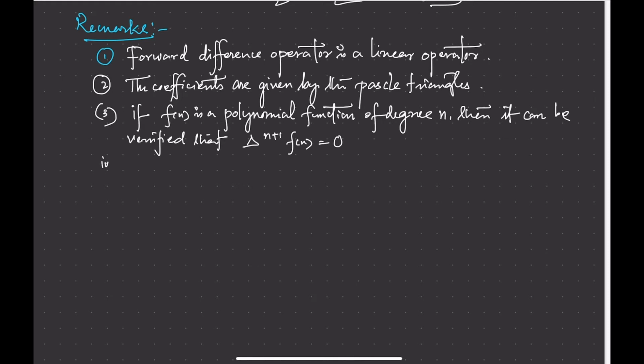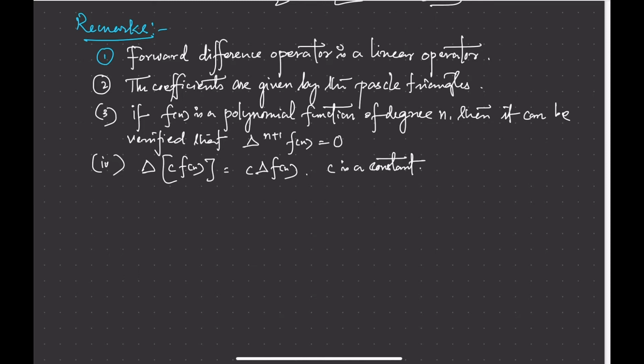Then the fourth property is del of c into f of x is equal to c into del of f of x, where c is a constant.